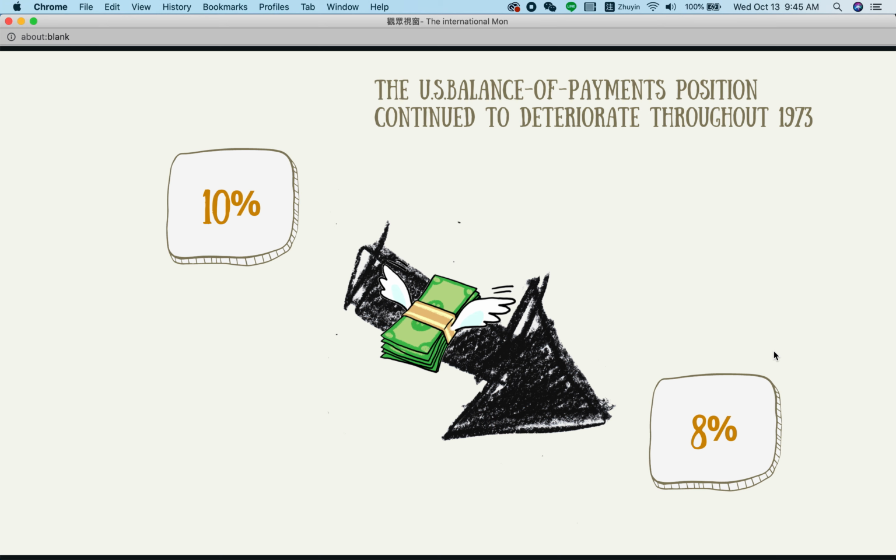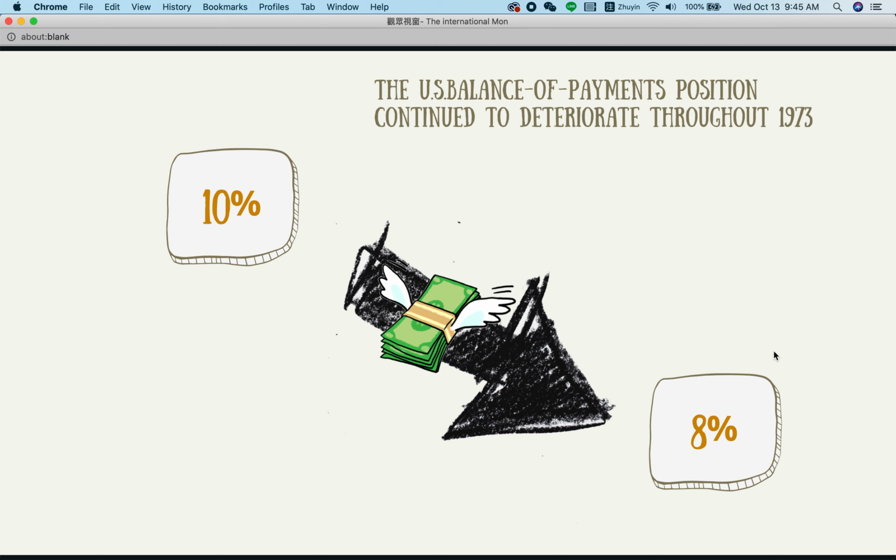And now we look at page 328. The Jamaica meeting revised the IMF Articles of Agreement to reflect the new reality of floating exchange rates. The main elements of the Jamaica agreement include the following.